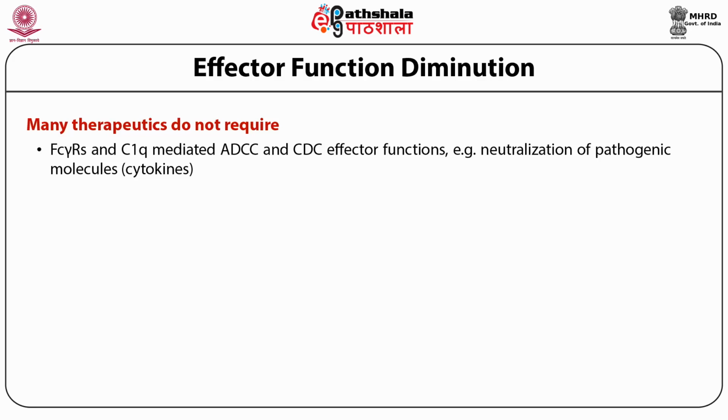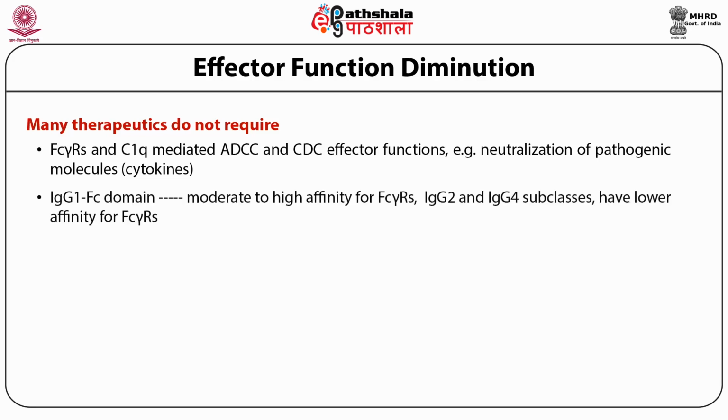So as we know, IgG1 is the most common Fc donor for such fusion proteins, and IgG1 has a moderate to high affinity for Fc gamma receptors on various effector cells.